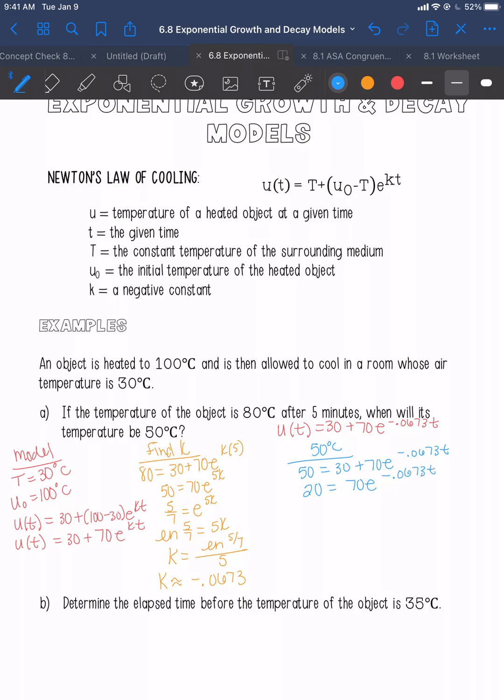Divide both sides by 70. We have 2/7 equals e to negative 0.0673t. So t is going to equal the natural log of 2/7 divided by negative 0.0673, which is about 18.6, and we're talking about minutes here.